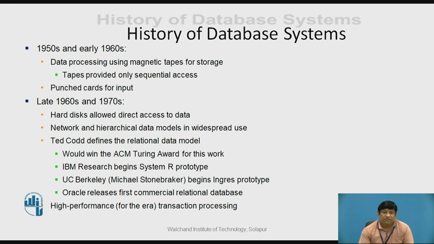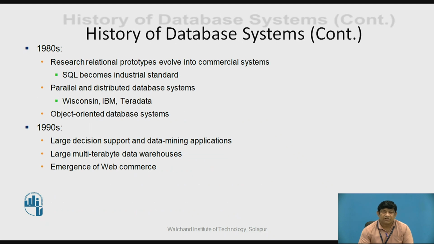Ted Codd defined the relational data model and won the ACM Turing Award for this work. IBM Research began the System R prototype. UC Berkeley, Michael Stonebraker, began the Ingres prototype. Oracle released the first commercial relational database, high performance for the era, for transaction processing.